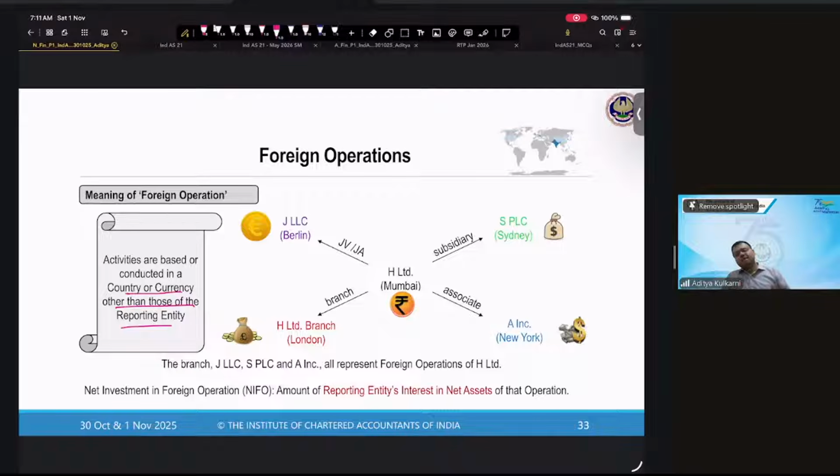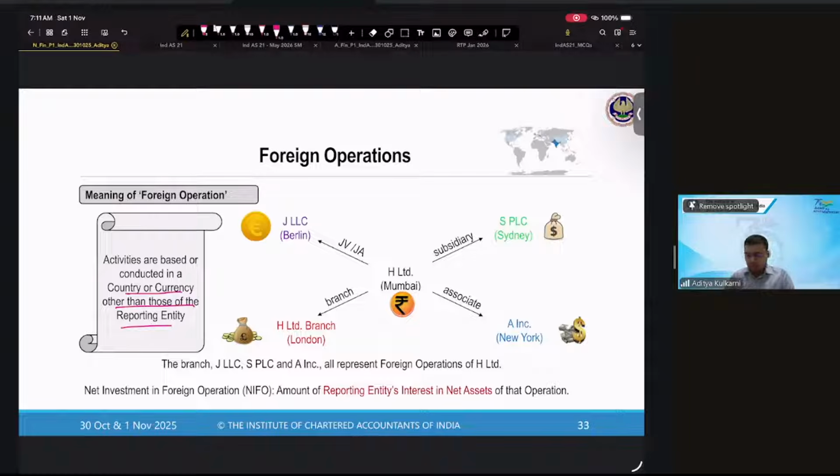So these are the various manners in which foreign operations can be carried out. It could be through an associate, it could be through a branch office or a division, it could be through setting up a subsidiary, or it could be through setting up a joint venture arrangement or a joint arrangement. So all these are foreign operations of H Limited.